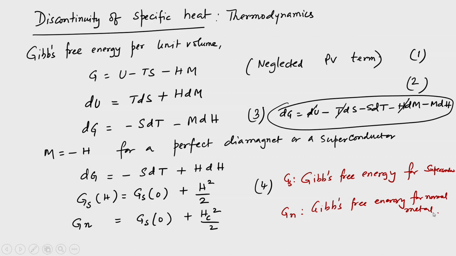Okay. Now, this could have been G_n(0), but G_n(0) and G_h(0) are the same, because at s equal to 0, they are the same.